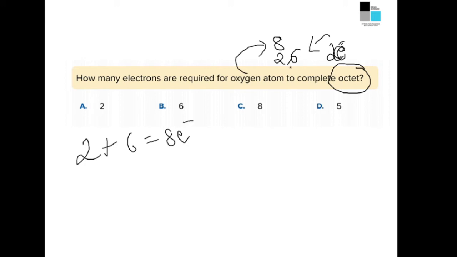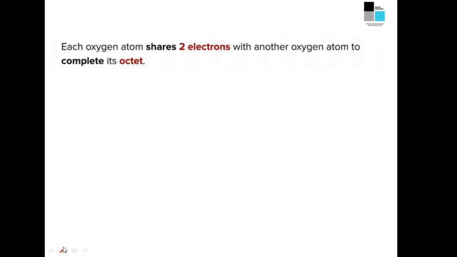So in order to have 8 electrons in its outermost shell, it should get 2 more electrons, because at present the oxygen atom has only 6 electrons. So what would it do? Similarly, the sharing of electrons would happen, right?